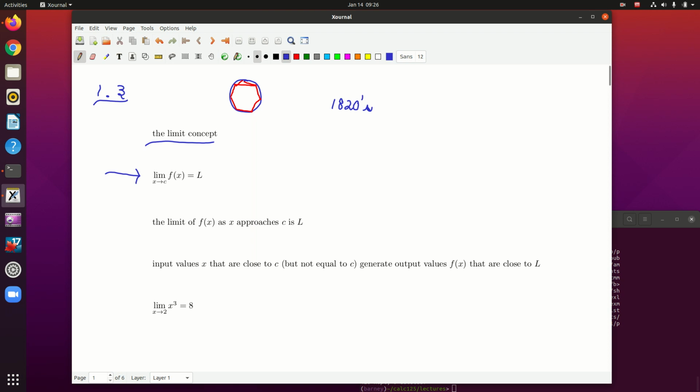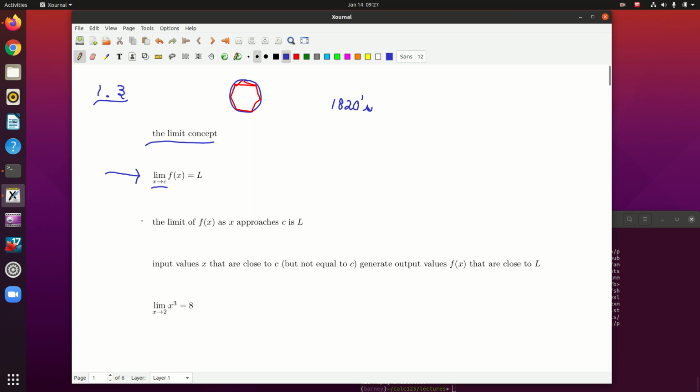Of course, f of x is a function like we talked about last time. The x approaches c means that the values of x, the inputs, are going towards the point c. C is some fixed number. And then the L stands for the limit. So we want to know, what does it mean for the function f of x to have a limit value of L as x approaches c?